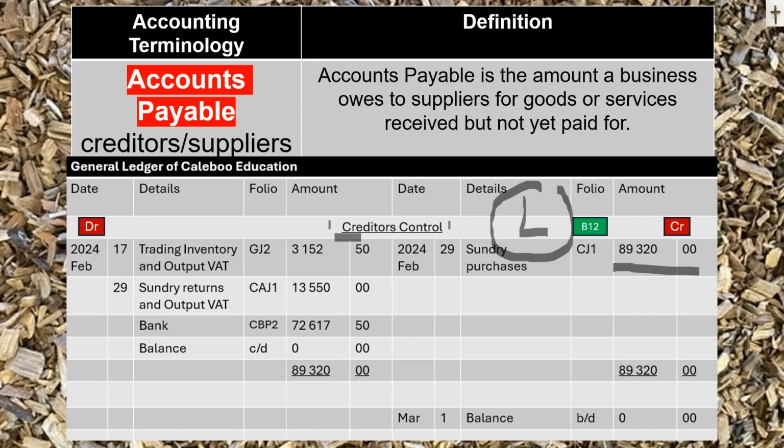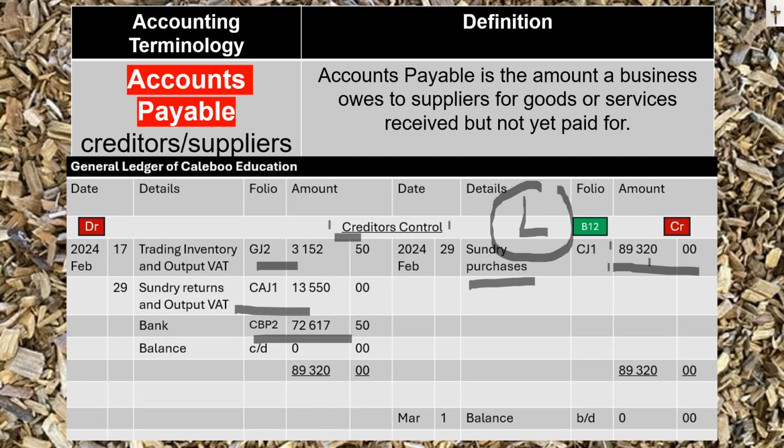For this month, just quickly, we'll do general ledger accounts in a month or so. But we bought on credit from Calibre Education 89,320 Rand worth of goods and services. There was discount given for prompt settlement. There were returns, and we made payments.